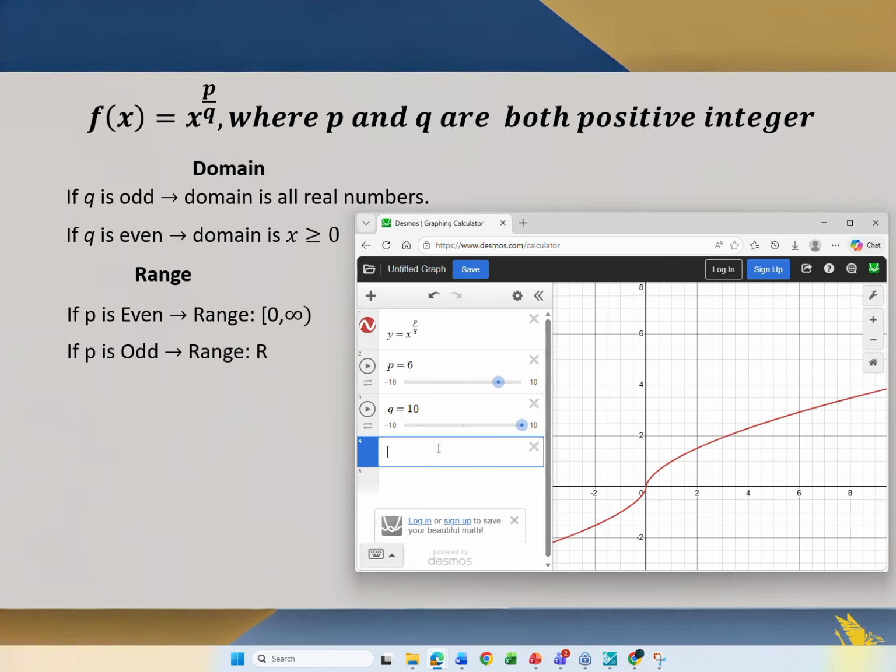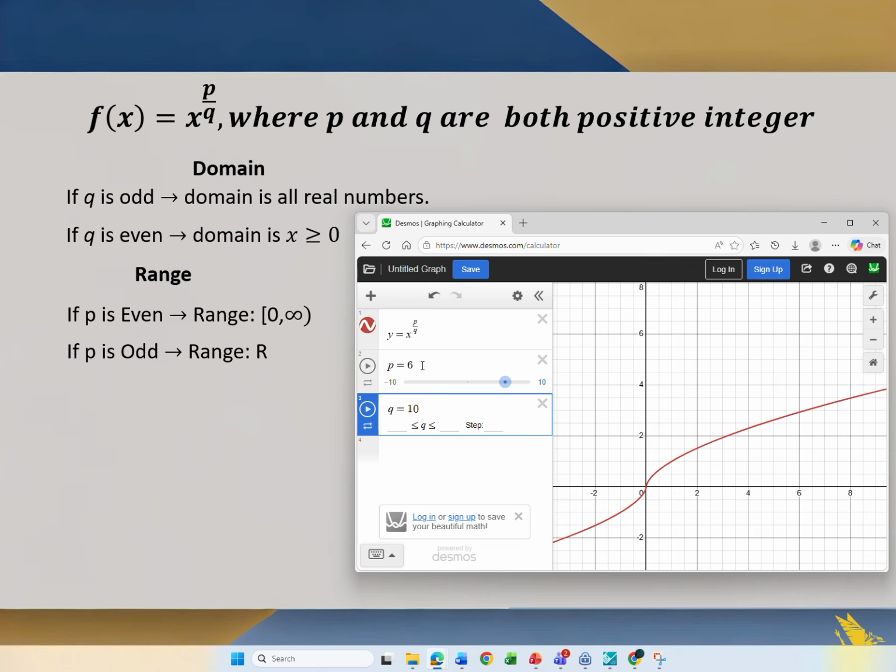Actually, I'll do it here. So we know if I have 6 over 10, that is 0.6, but that is also the same as saying 3 over 5. So that means my bottom number, my denominator, is actually an odd number, and odd means range is all real numbers, which this is showing.